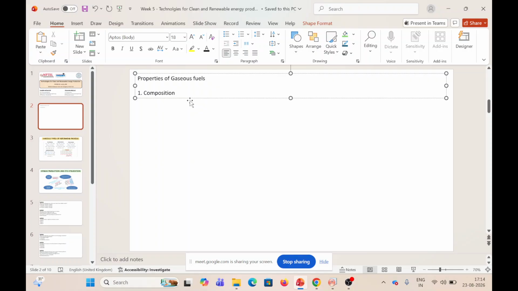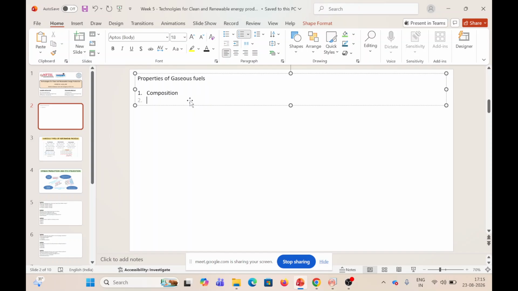The major reason is that a few gases in the mixture may be inert. They will not contribute to the energy production. For example, nitrogen gas, which is very abundant in nature. Even though it may be a part of the gaseous fuel, it does not directly contribute to the energy or the calorific value of the fuel because it is inert. So composition of the gas is important.